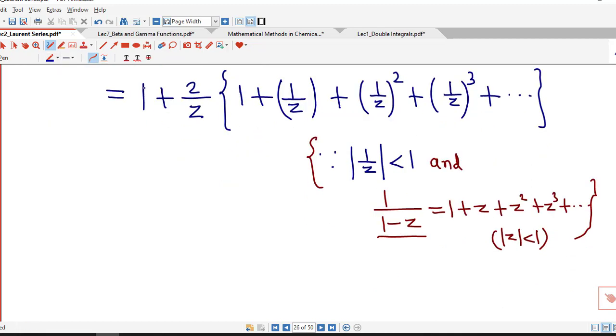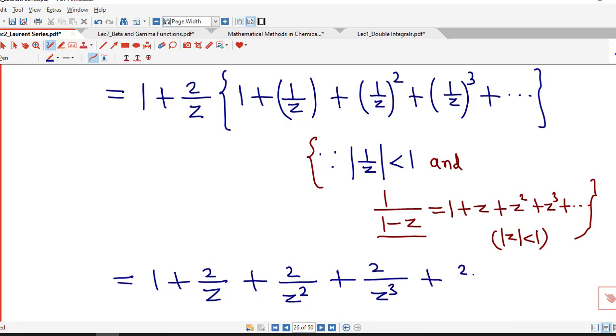So now we have to just rewrite all the terms. This we can rewrite as 1 plus 2 by z plus 2 by z into 1 by z, that is 2 by z square, 2 by z into 1 over z cube, that is 2 by z cube, and then 2 by z raised to 4, and so on.